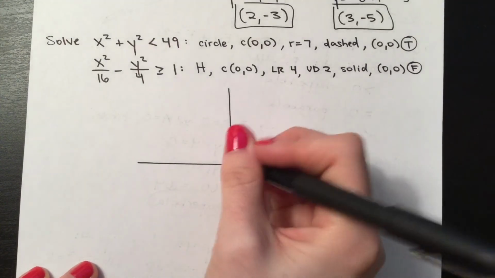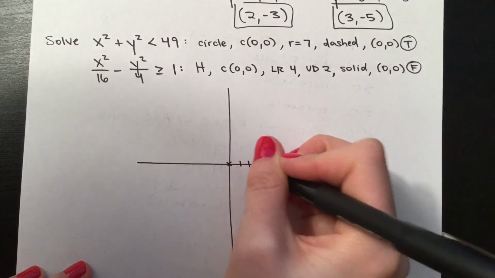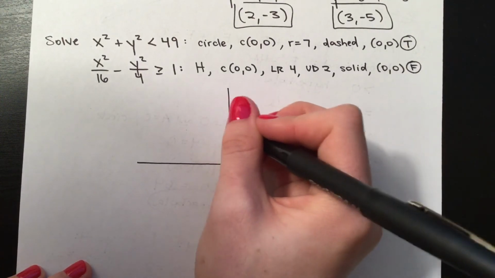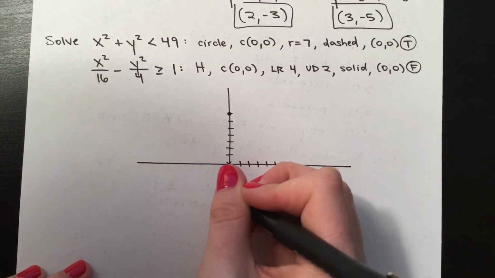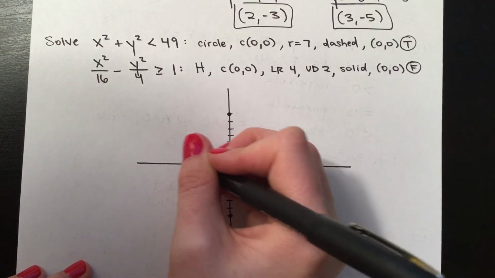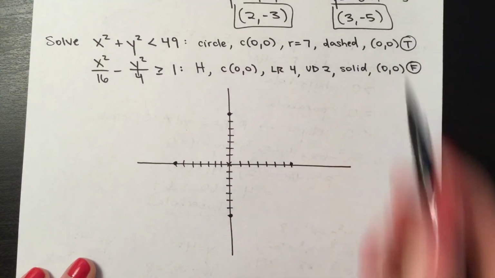Okay, so circle. It is centered at 0, 0. I have a radius of 7. Okay, it's going to be a dashed circle.